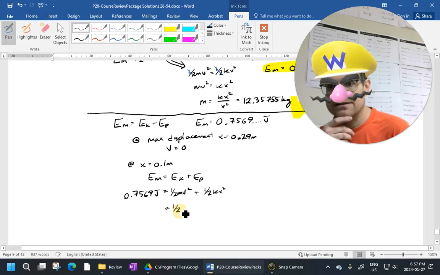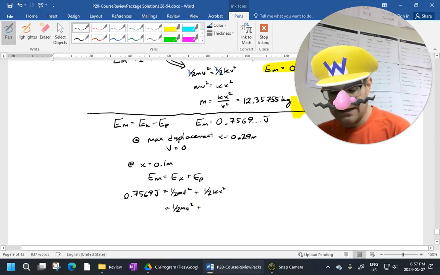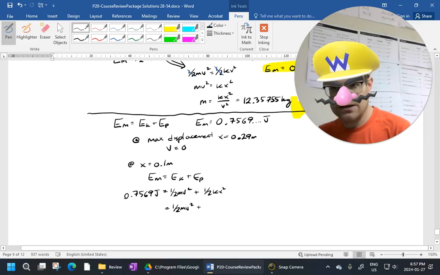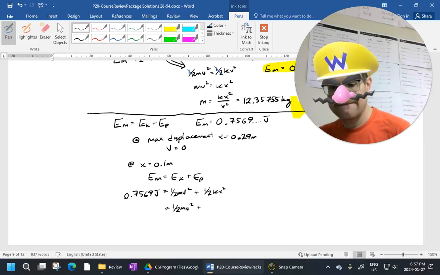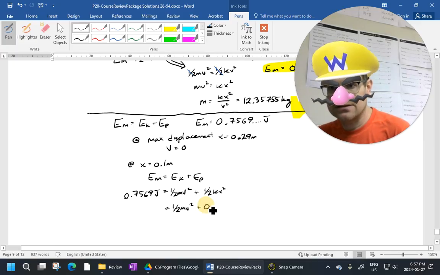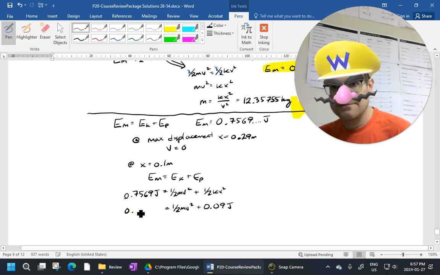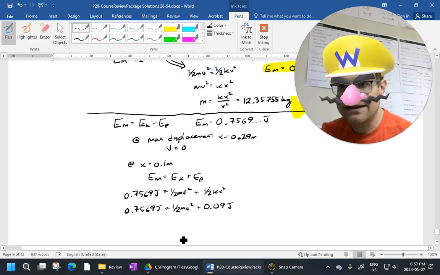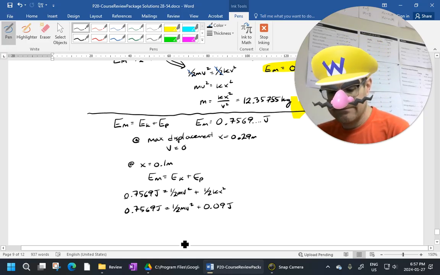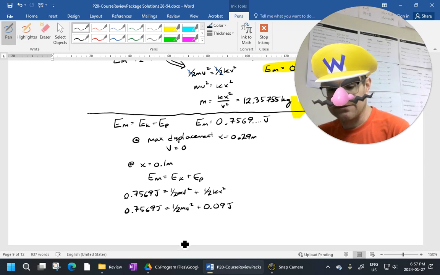So I can find this EK using 1/2 times the 18 times the 0.1 squared. So this is 0.909 joules. So not too much is actually inside. Yep. I'm just double checking my math on this one. Not too much is in potential energy.